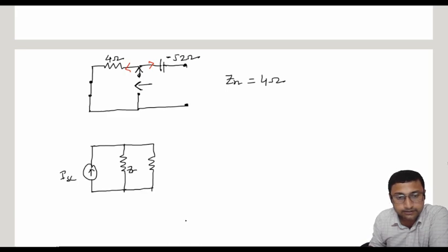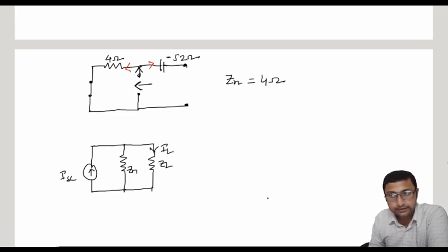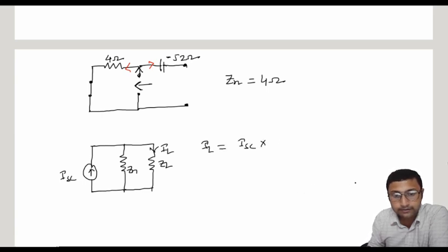Okay, this is Zn and this is ZL. Now I have to find the current through this ZL, that is the load impedance. So now the formula will be IL equal to ISC into Zn divided by Zn plus ZL.